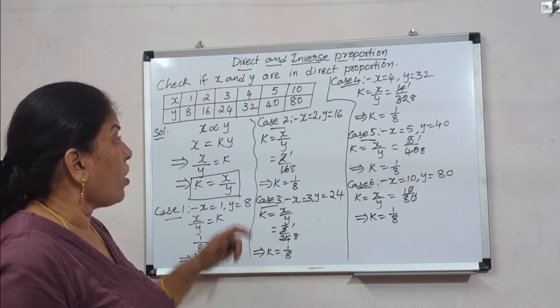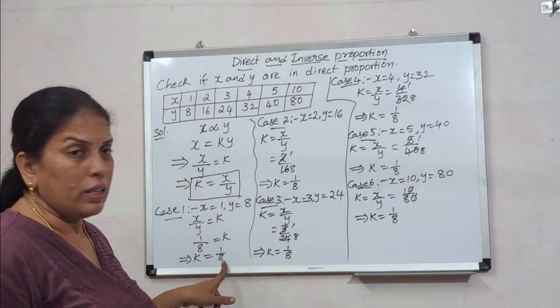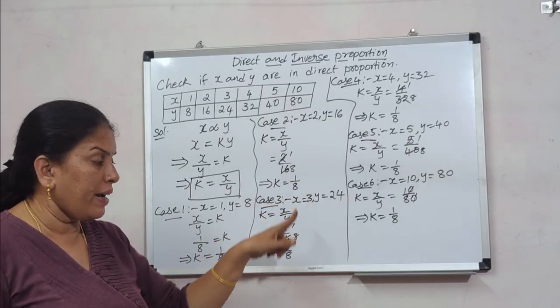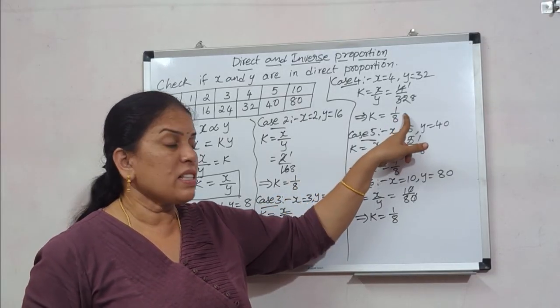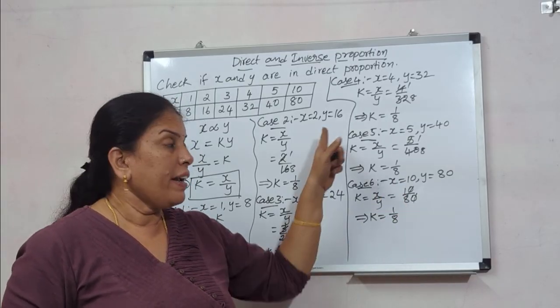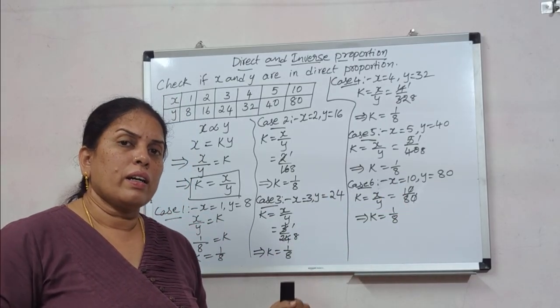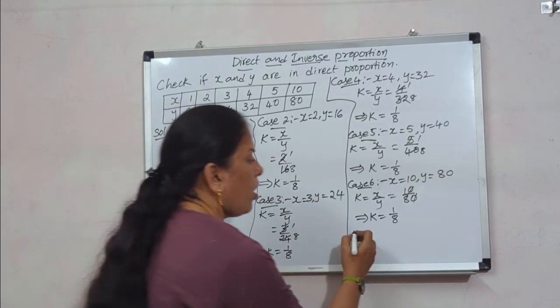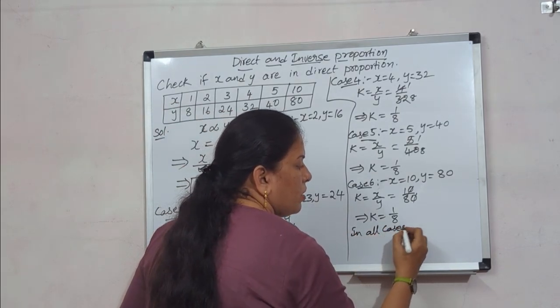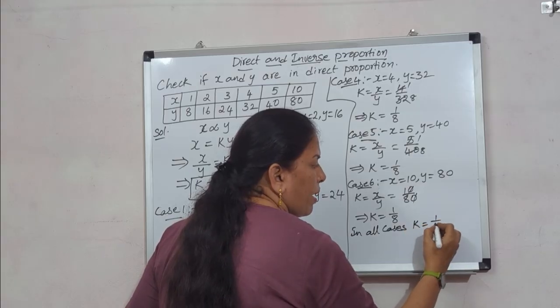If you observe, in all the cases the k value is the same. First case 1 by 8, second case 1 by 8, third case 1 by 8, case 4 1 by 8, case 5 1 by 8 and case 6 1 by 8. In all the cases, the constant is the same, k is equal to 1 by 8.